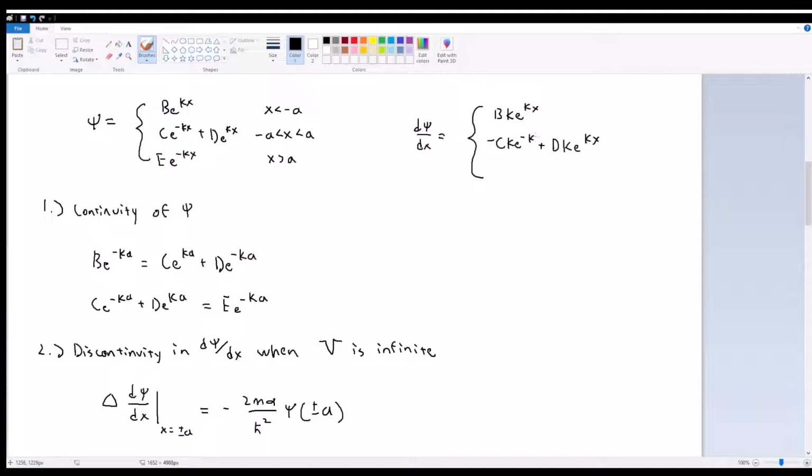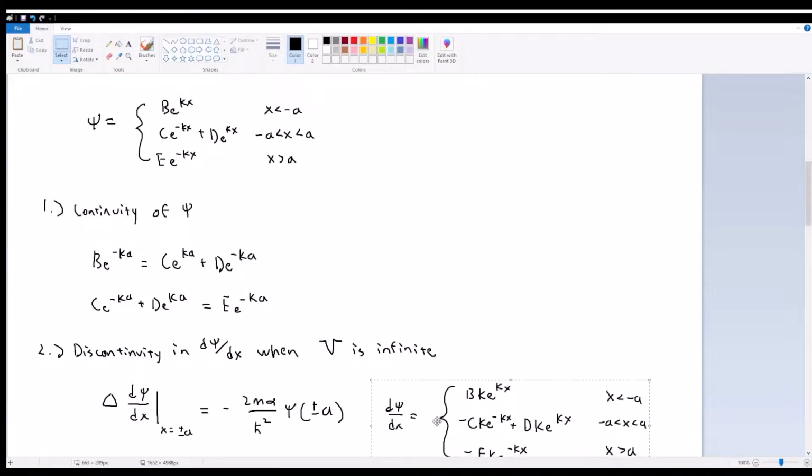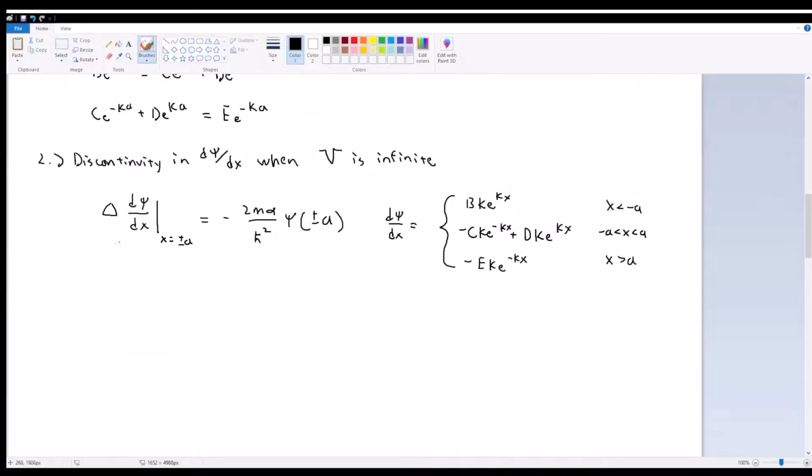And then we have negative e k e to the negative kx. So this is when x is less than negative a, this is when x is between negative a and positive a, and this is when x is greater than a. We can move this down in order to use this as a reference.